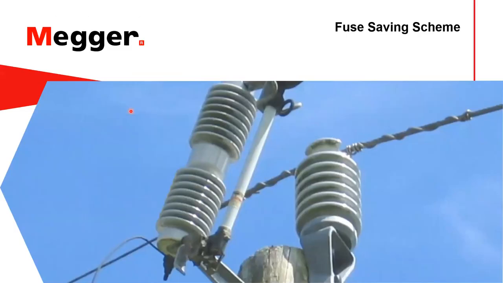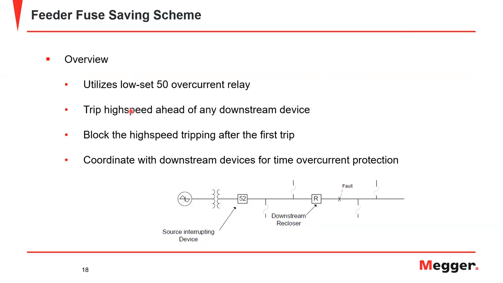Okay. So let's go into fuse saving schemes. An overview of the fuse saving scheme is we're going to use a low set 50 overcurrent relay. Low set meaning about 120 to 150% of maximum expected load at the substation breaker.